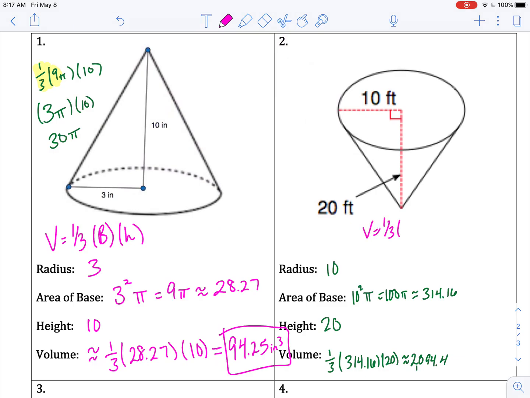If I want the exact volume, area of the base times the height, that if I simplified. But for most of our problems today, we're going to take the approximate answer, this decimal answer, and that's going to be just fine.